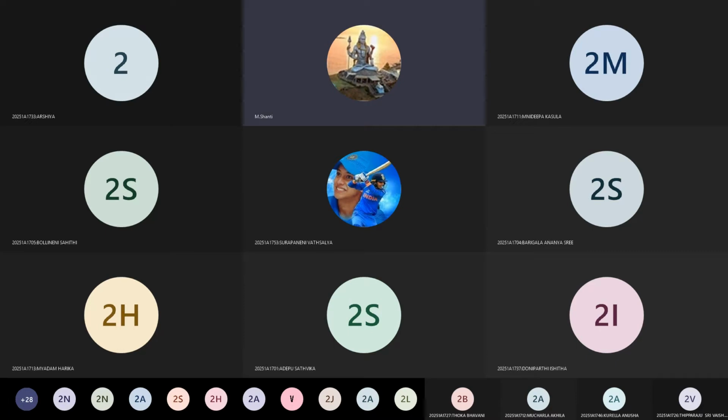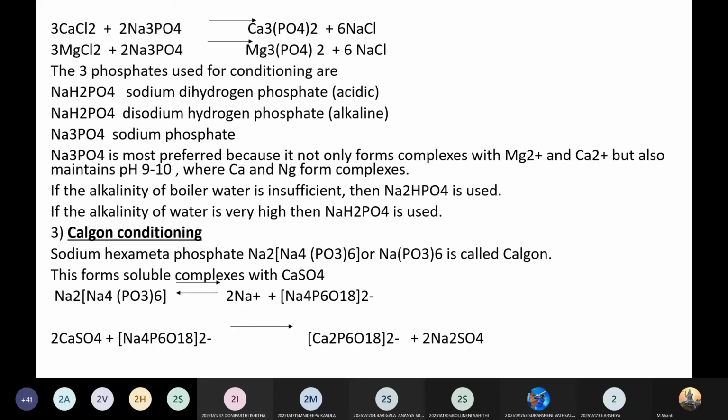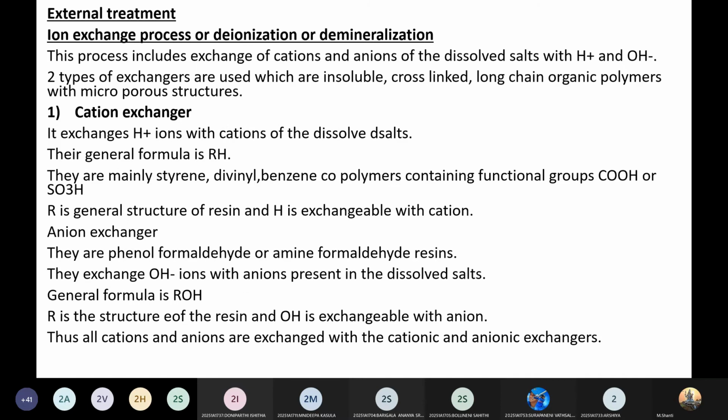Now we'll solve some numericals. Okay. Note down the question and then you can solve it.